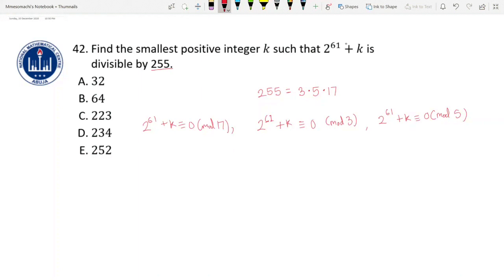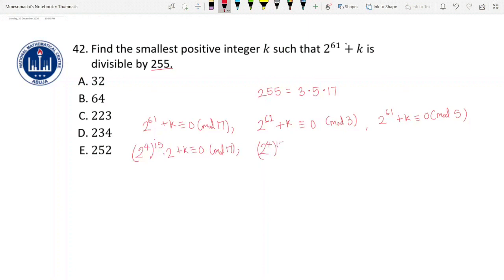Okay, so 2 raised to the power 61 can be expressed as 2 raised to the power 4, raised to the power 15, times 2, plus k congruent to 0 mod 17. And soon you'll see why I'm expressing it in this way.